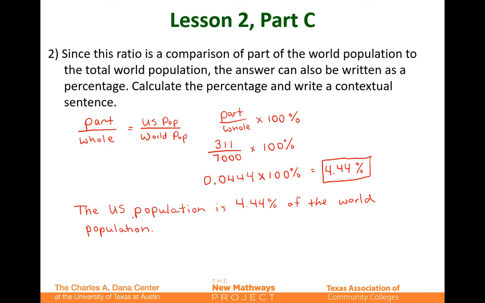Another one you might want to think about is what the percent means. It means per 100. 4.44 people out of every 100 people in the world are Americans.